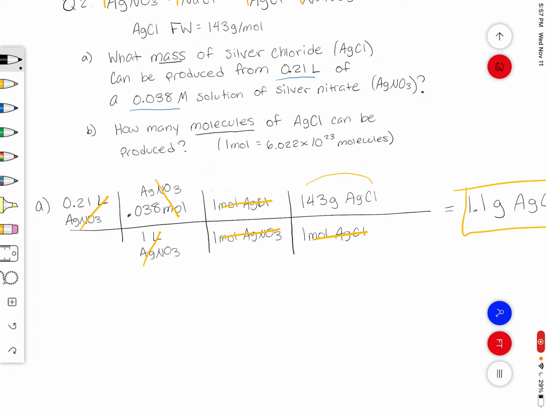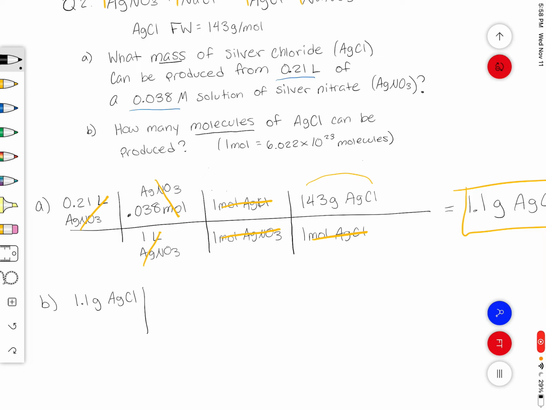Now, for part B, going a step further, it says how many molecules of AgCl are produced. So we're going to backtrack a little bit. We're going to start with what we just found. We have 1.1 grams of AgCl were produced. We know that.